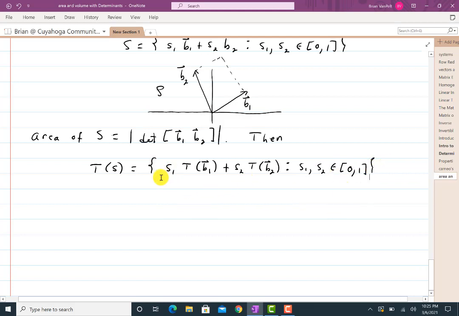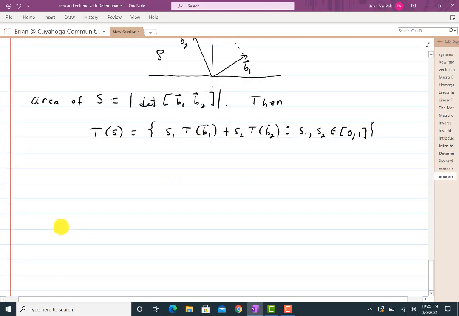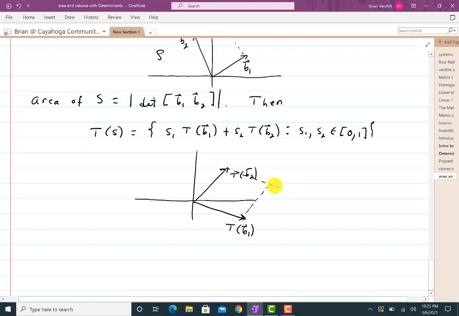In fact, we're going to get a parallelogram in R2, but this time, who knows what that thing did to it. Maybe one of them is like down here. Perhaps that's T of B1. Who knows where the other one went? Maybe this is T of B2. But as the S's go between 0 and 1, you're surely going to trace out a parallelogram, and that's the area that we're trying to figure out.